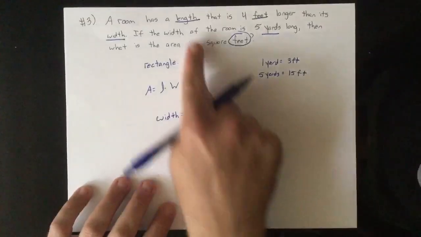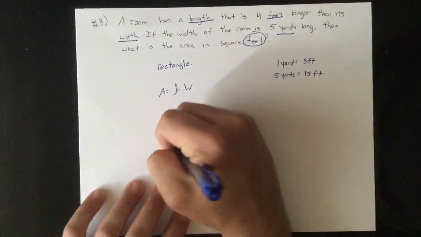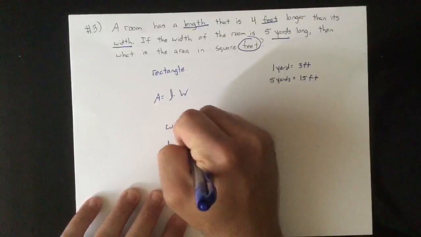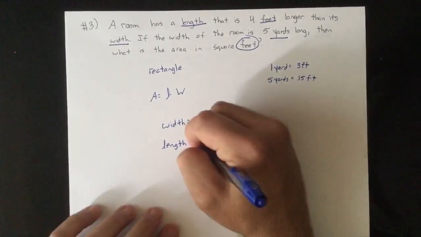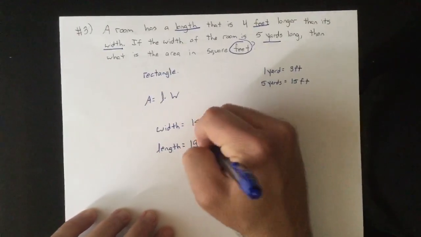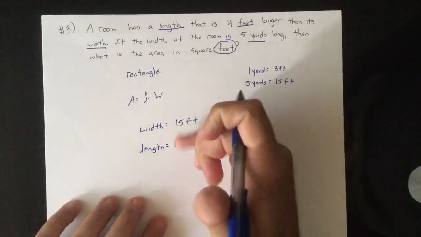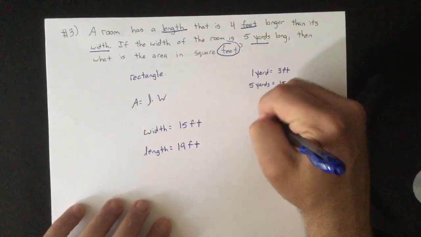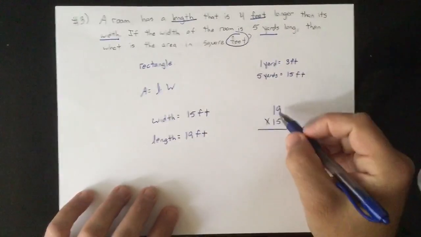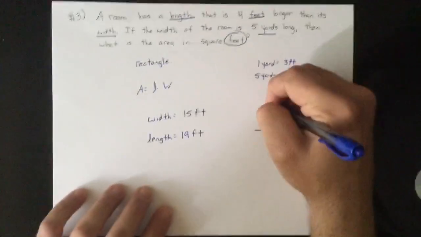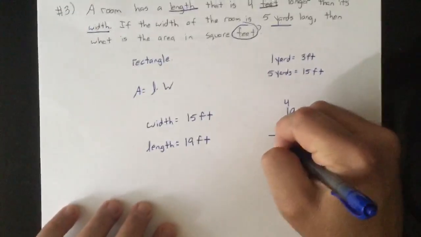Now it says the length is 4 feet longer than the width. So if the width is 15 feet and we add 4 to it, that makes the length 19 feet. Now notice how we got our length and our width. Let's just multiply. 5 times 9 is 45. 5 times 1 is 5, plus 4 is 9.